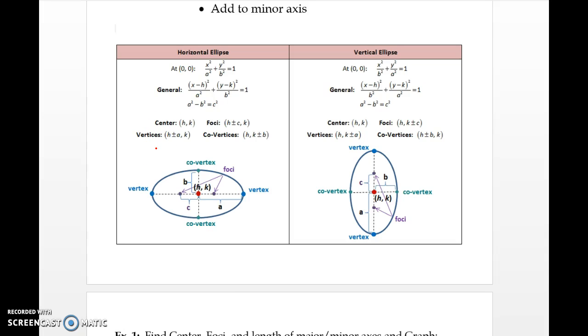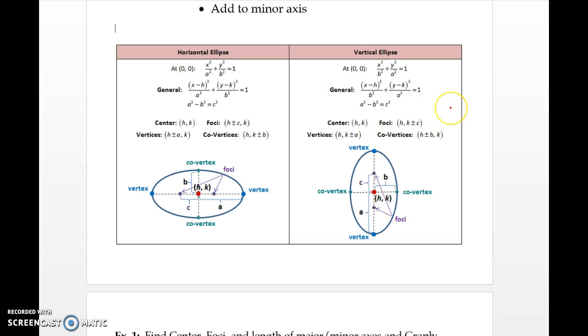Your vertices, we're adding a because a is bigger. In this case, because a is under x, we're adding it to the x. The b is under y, so we're adding it to the y. The co-vertices here, we're adding and subtracting b to the y component. Also, note, in the equation, it's a squared and b squared, but we're adding a and b to find the vertices, not squares, so be careful with that.